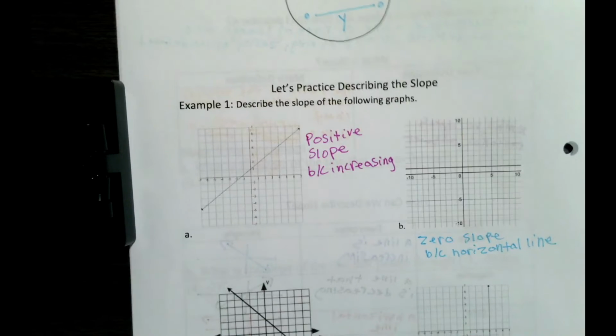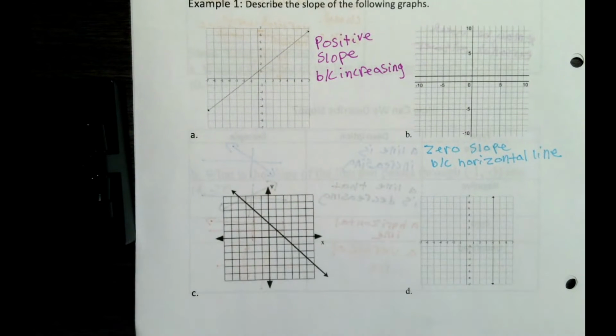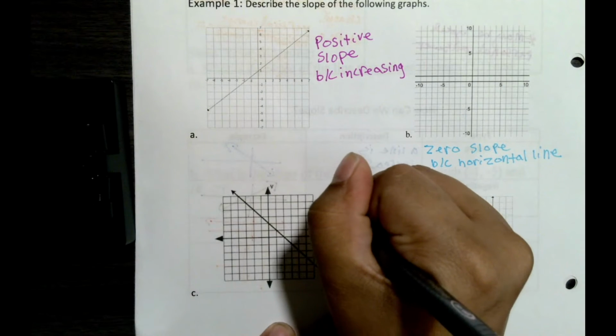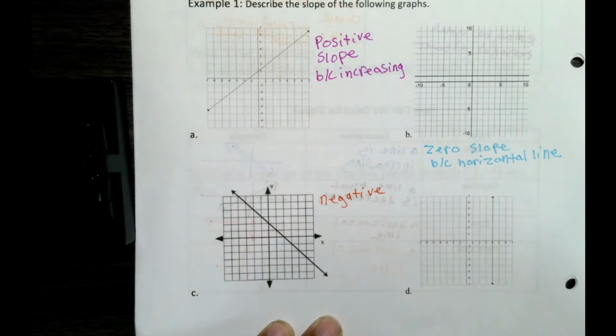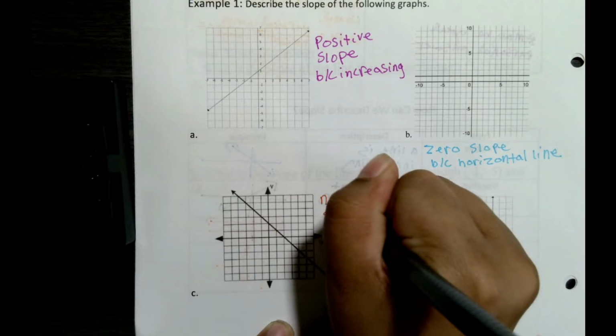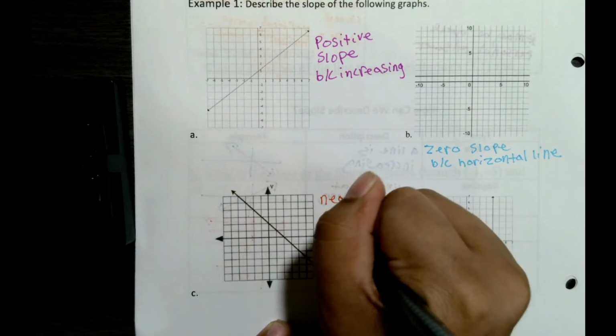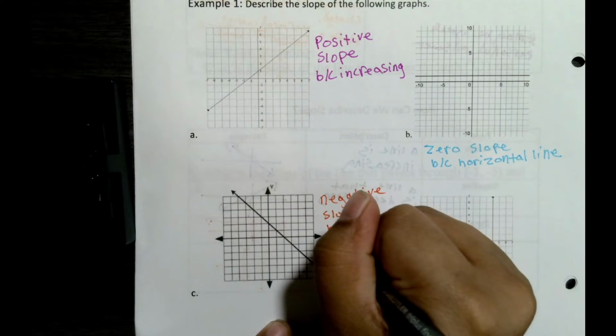Alrighty. Let's move this up just a little bit. Okay, so now we have a line that's decreasing. So this is going to be a negative slope because decreasing.